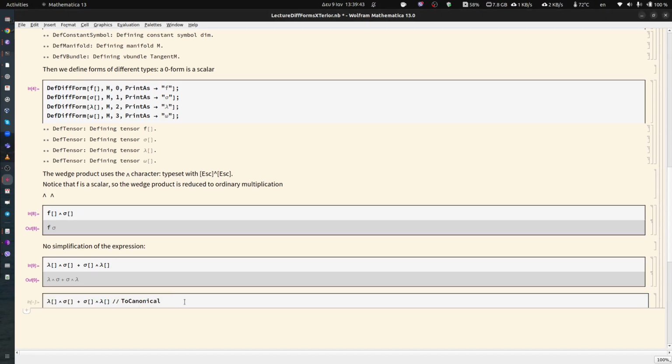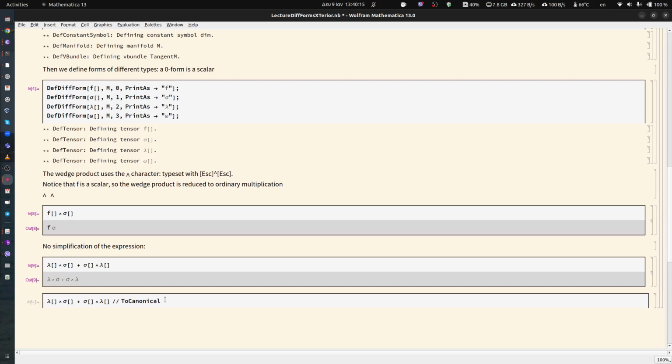If you want the property of the wedge product to be used and simplify your expression, you should apply the function ToCanonical. ToCanonical is a very useful and heavily used function in the whole xAct ecosystem, and it is used to put tensorial expressions into what is called canonical form. So we'll see more about that later when we use the xAct package more.